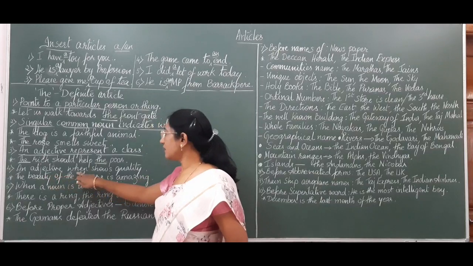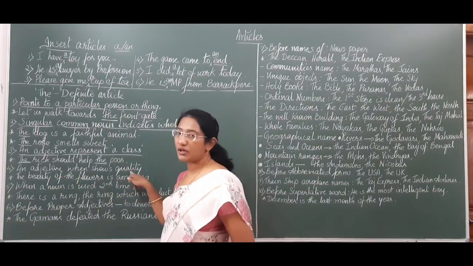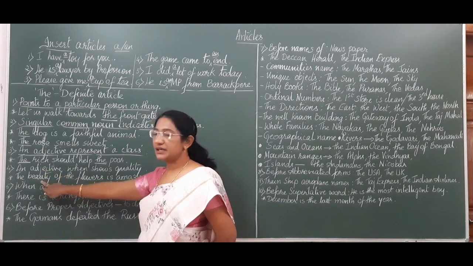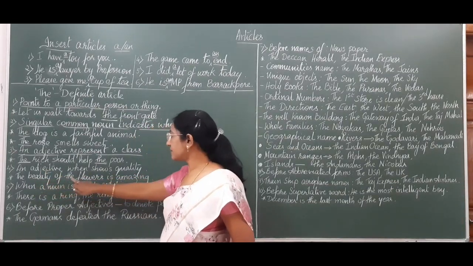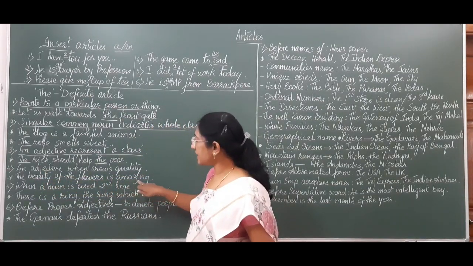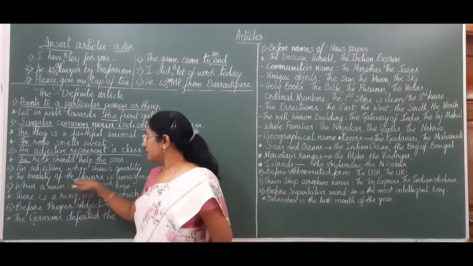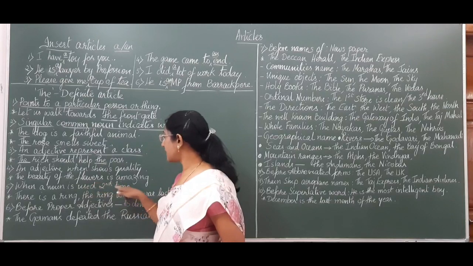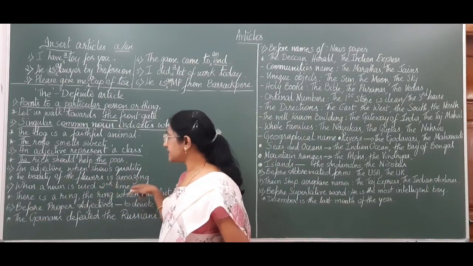An adjective, when it shows quality. So, the beauty. Beauty is showing the quality of the flower. The beauty of the flowers is amazing.